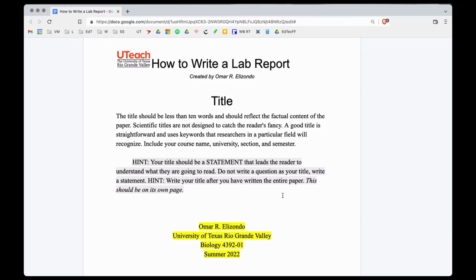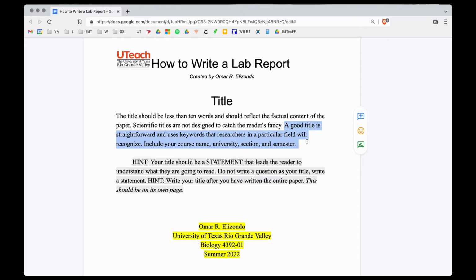The title does not have to be very long. As I state here, it should be less than 10 words, but it doesn't need to be extremely long. It also needs to be a statement, okay? A good title is straightforward, and it uses keywords that researchers in a particular field will recognize.